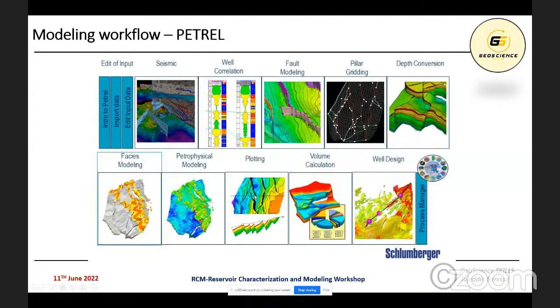It's preferred to do the quality control by plotting the data after each phase: after structure, after gridding, after stratigraphic, after facies, and after petrophysical modeling, before you come to the volume calculation. Do not come to the volume calculation without controlling the data and making sure your model represents the reality.